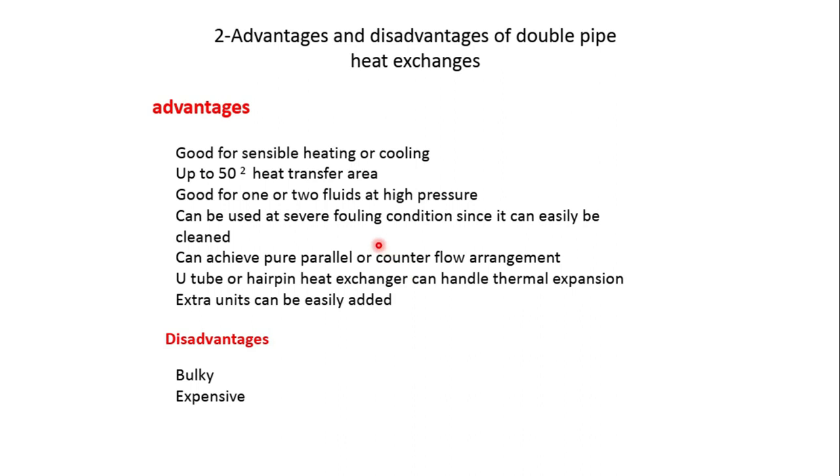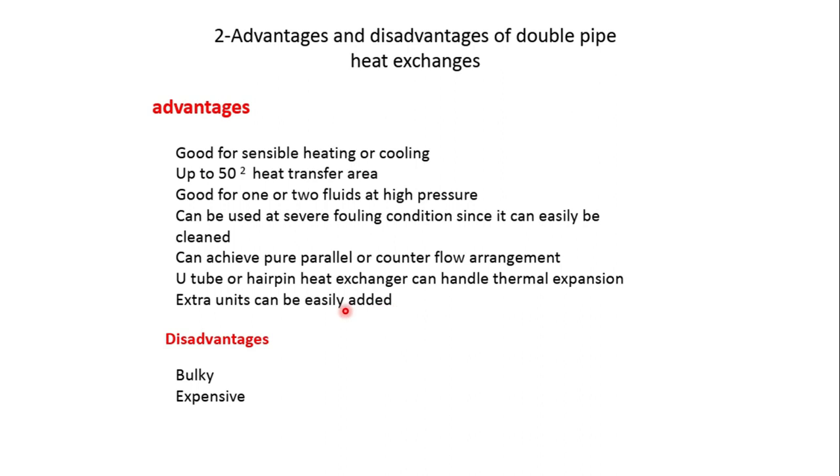The cleaning of the hairpin double pipe heat exchanger is relatively easy compared to other designs of heat exchangers. It can achieve pure parallel or counter flow arrangements, as I have already explained in the previous lectures, that the U-tube or the hairpin heat exchanger can handle thermal expansion, and extra units can easily be added when we have to use it in series.